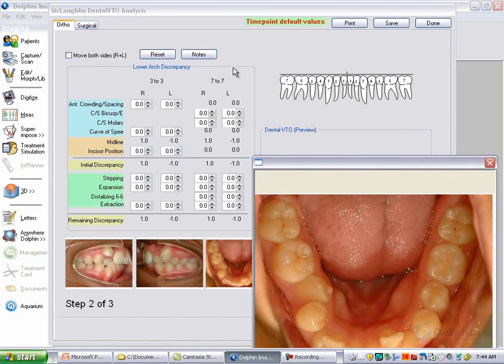What we have here is a takeoff of the Steiner analysis. Dr. Steiner presented information from second molar to second molar in his analysis, and we record a number of diagnostic factors down to midline, and then we proceed with treatment planning factors below that. I felt it was important to also include a 3-to-3 column, from canine to canine.